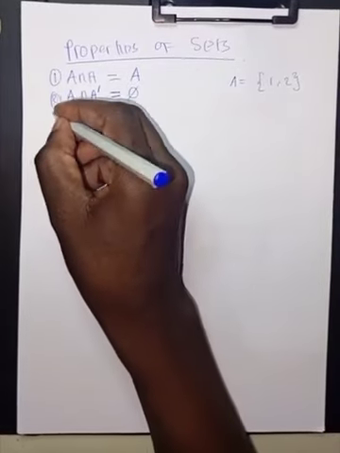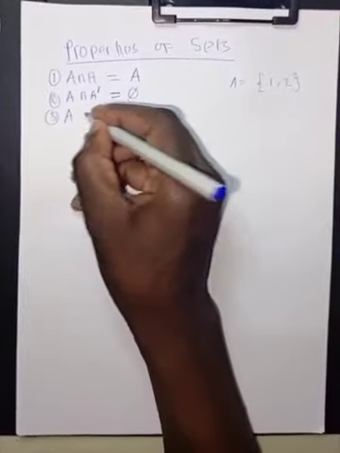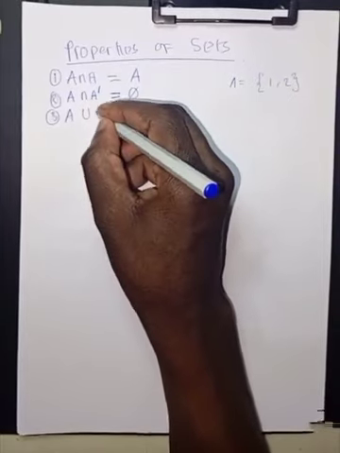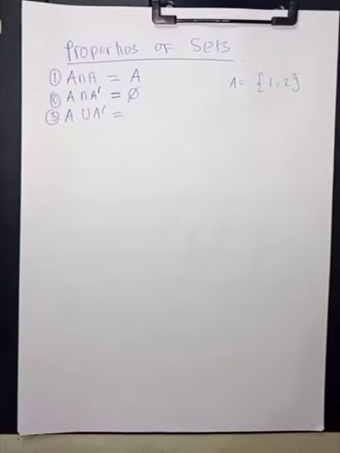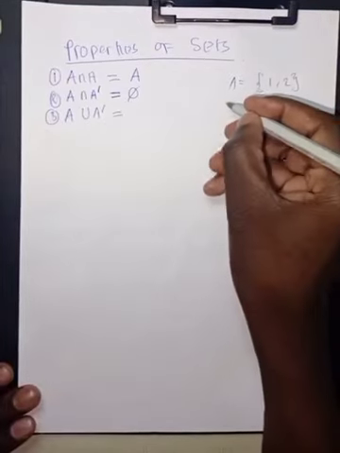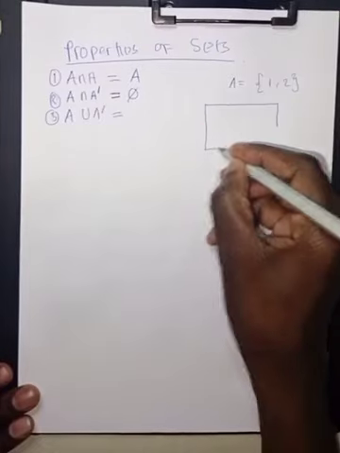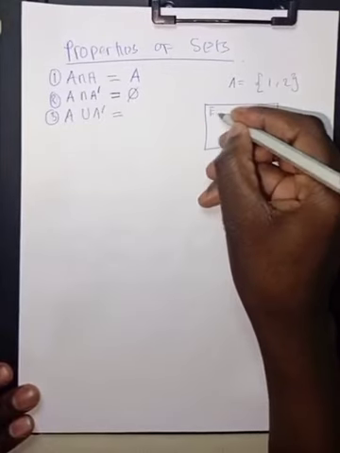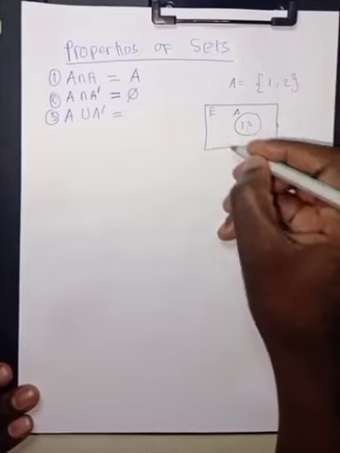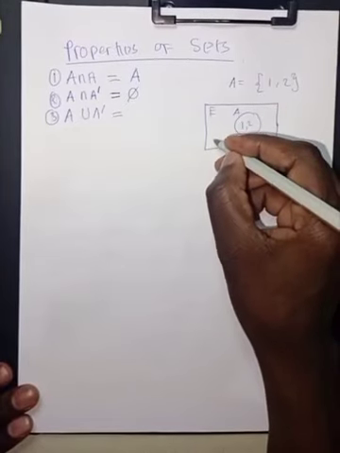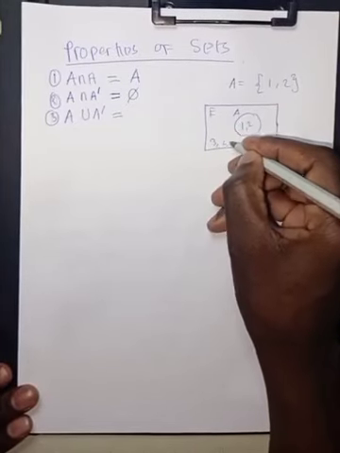So number 3 property is where we have A union A complement. In this case, we are trying to list the elements inside A and elements outside A. For example, if we have a Venn diagram, and inside A we have 1 and 2, and outside we have, let's say, 3 and 4.